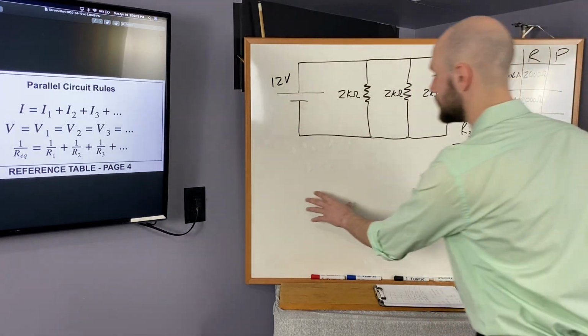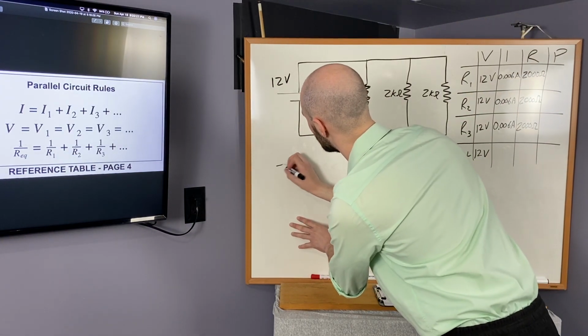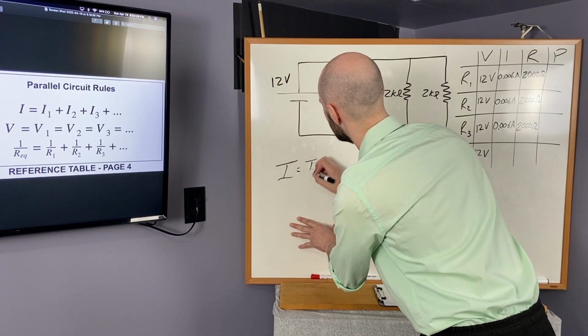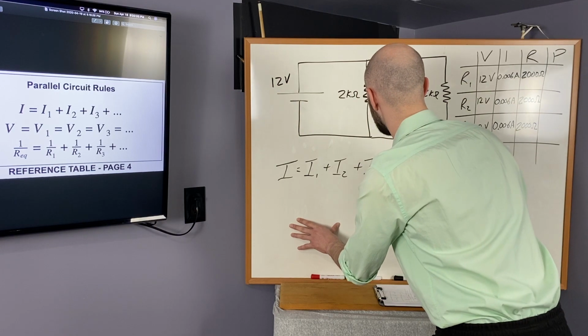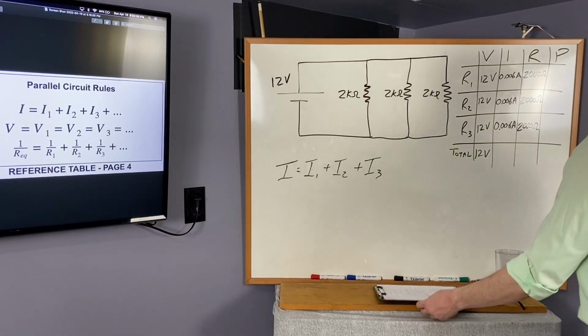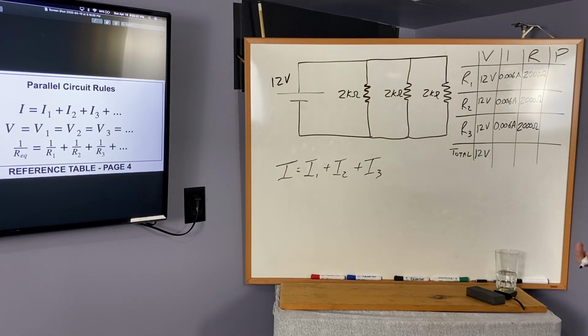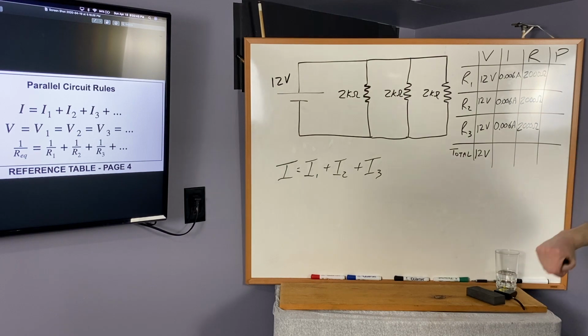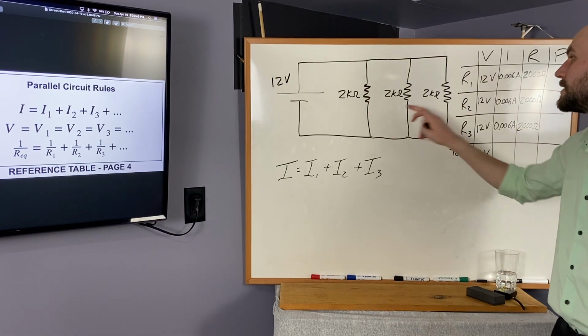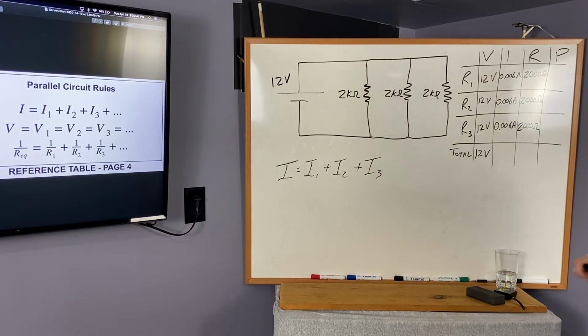Looking at the first relationship there, we can say the total current is equal to I1 plus I2 plus I3. If there was a fourth branch, we would put I4. If there was a fifth branch, we put I5. If there's only two branches, we would only do 1 and 2. But here, because there's 3 different branches, we have 3 different currents.